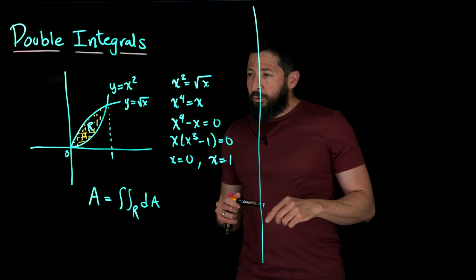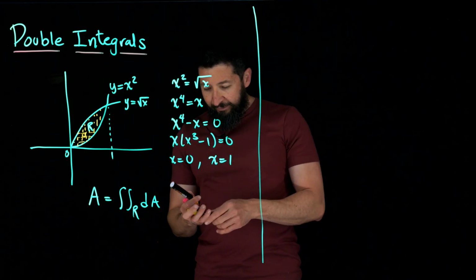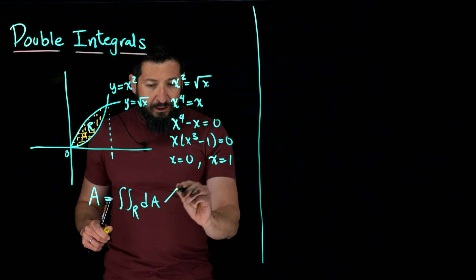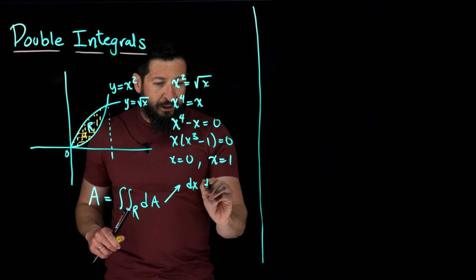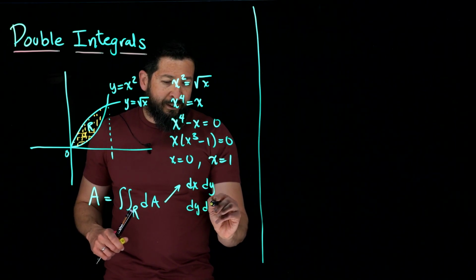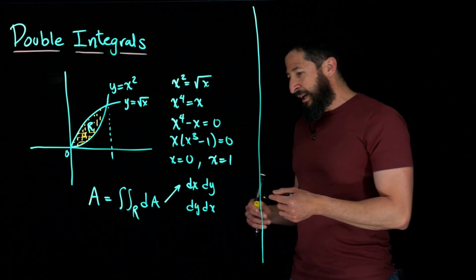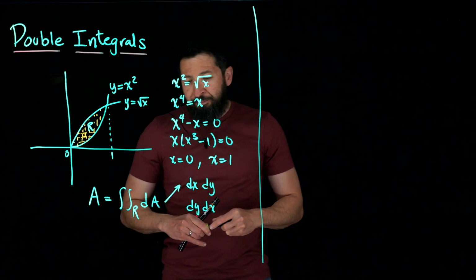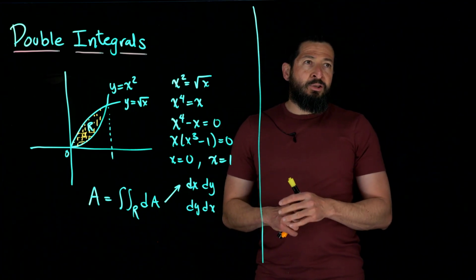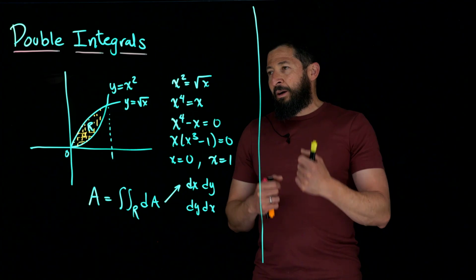So I'm going to set it up in two different ways, because the differential of area could be dx dy or dy dx. We're going to do polar coordinates later, but at the moment, for rectangular coordinates, it would be dy dx or dx dy. Whichever I choose is going to change the boundaries of my region.